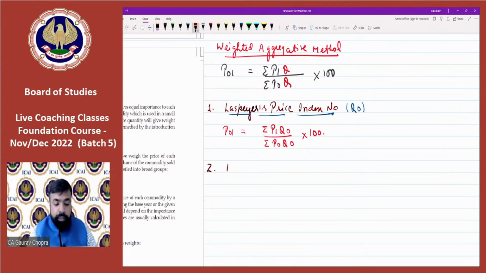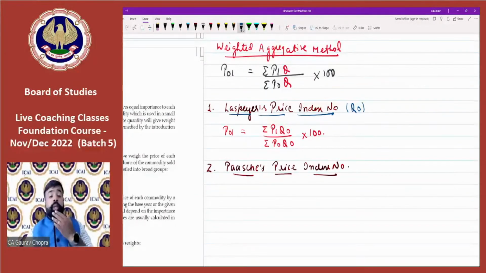Then second comes Paasche's price index number. Now Paasche ने क्या बोला कि अगर Laspeyres ने Q0 को weight लिया है, then I will take Q1 as the weight.